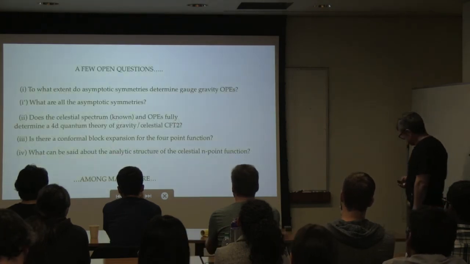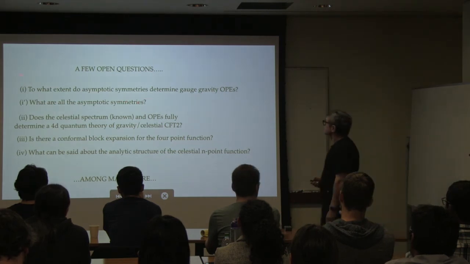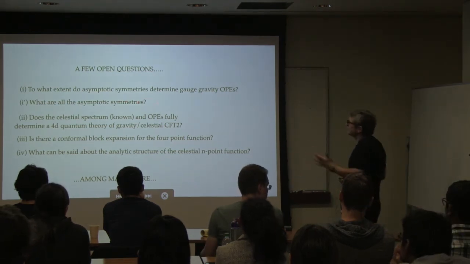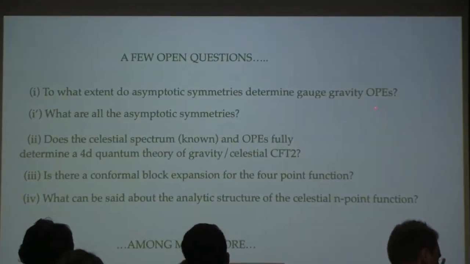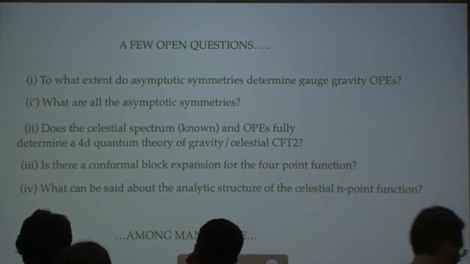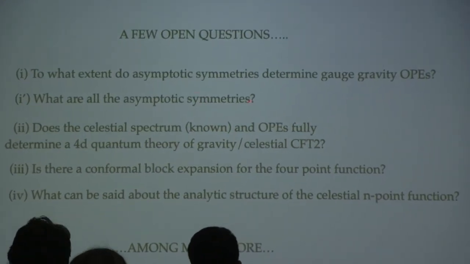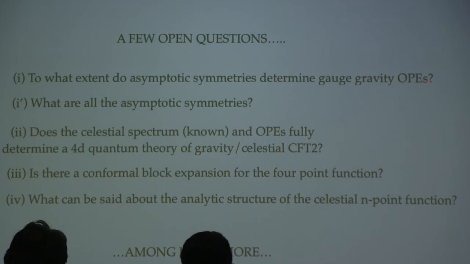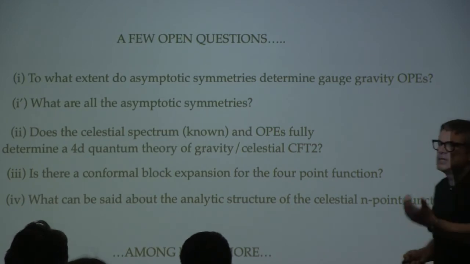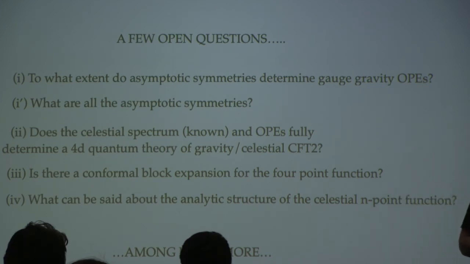So let me just now mention a few open questions. I've thrown out some hopefully interesting facts about these celestial conformal field theories, and some of these questions have come up along the way. One is, to what extent, how much do the symmetries constrain the theory?